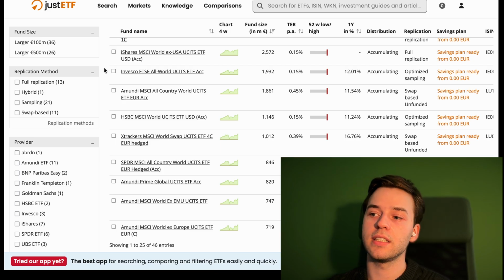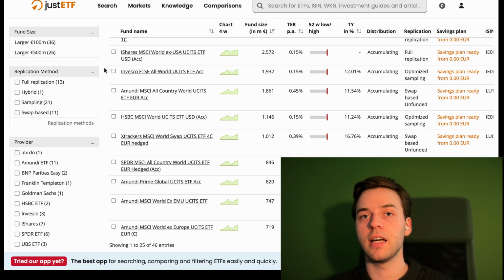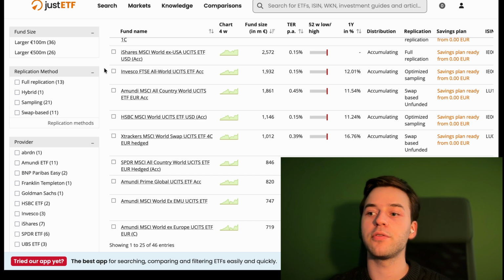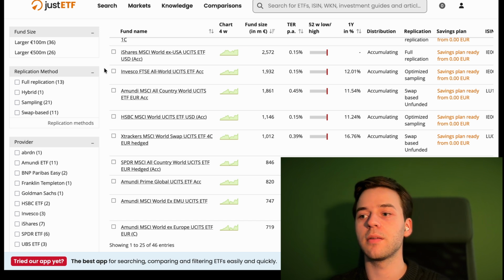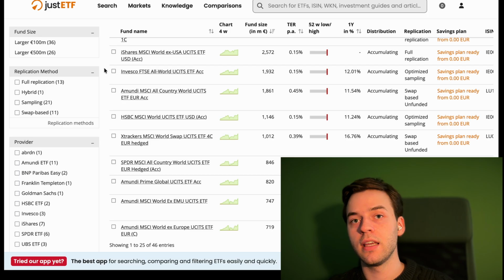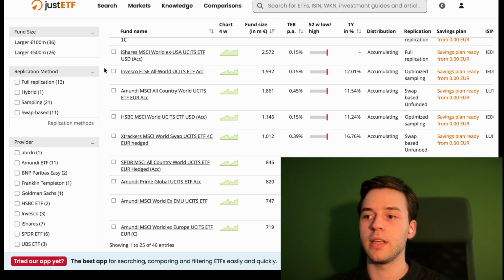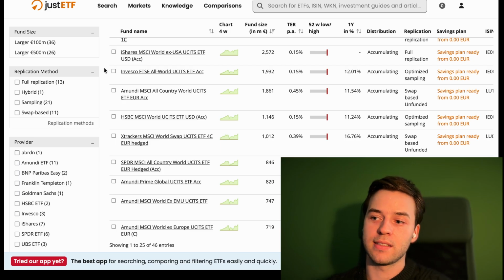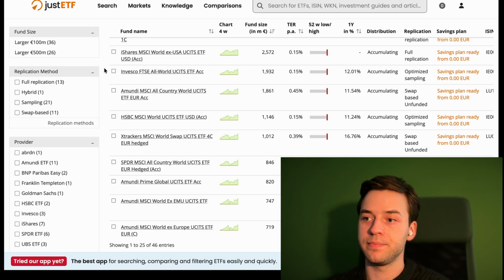Also, justETF makes the point that larger ETFs are more likely to be profitable and therefore, in the long run, more likely to reduce their costs and less likely to be closed. And with larger ETFs, they will probably have a higher trading volume as well, making it more likely to get better prices when you want to buy or sell them.